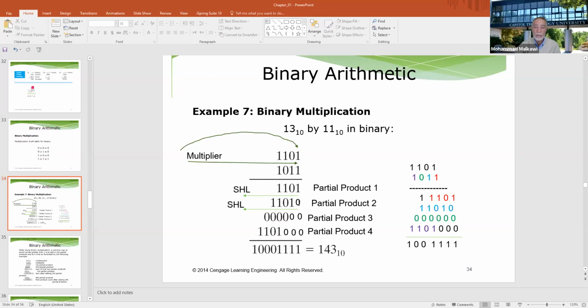Probably I'm better off if I fill those numbers with zeros, so that I know what I'm adding.